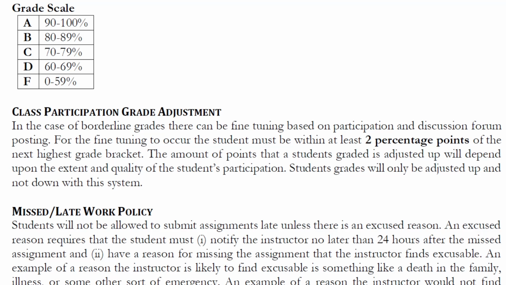Participation can also take the form of reaching out for help to the instructor when necessary, taking an active interest in your learning, and showing consistent improvement over the course of the semester. This last point in particular applies to the response paper assignments. Students who make clear improvement on their work over the semester will also be candidates for having their borderline grades increased.